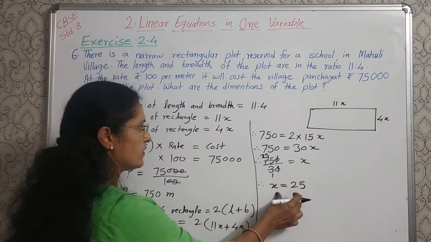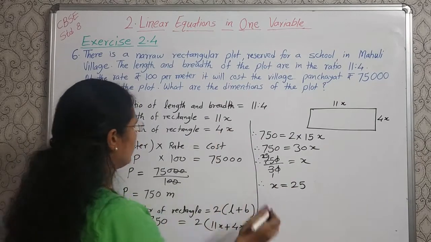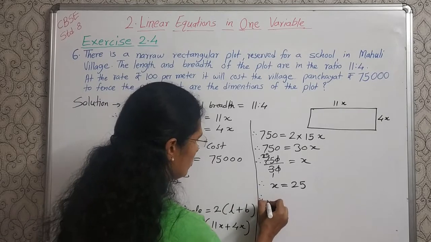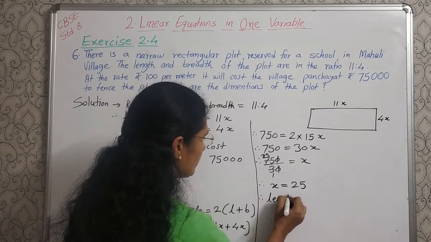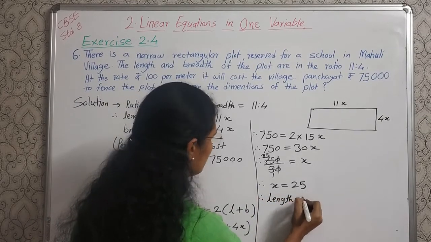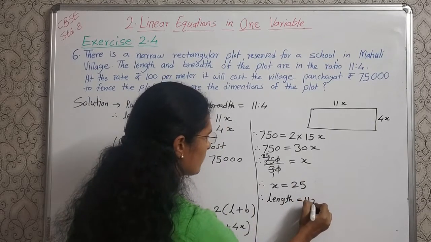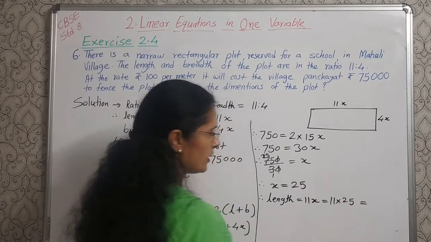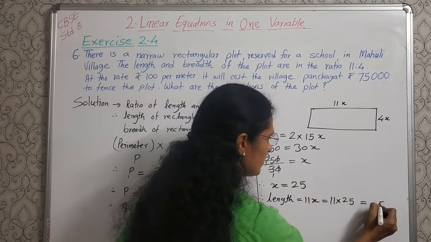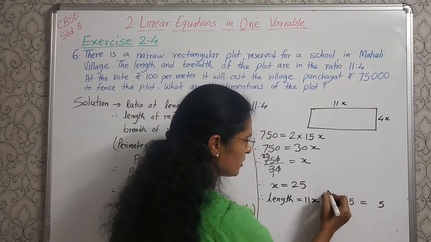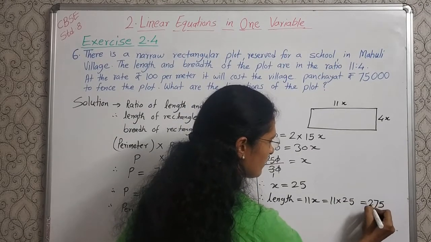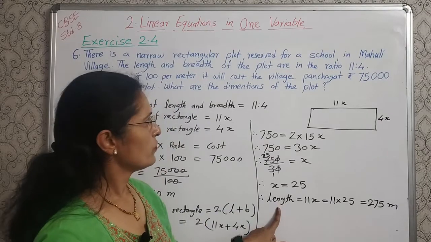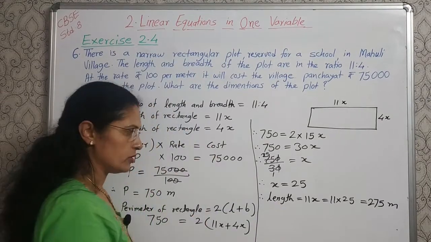Now from this x value we can find out the length and breadth of the rectangular plot. Length is equal to 11x, that is 11 into 25, which is 275 meters, the length of the rectangular plot.